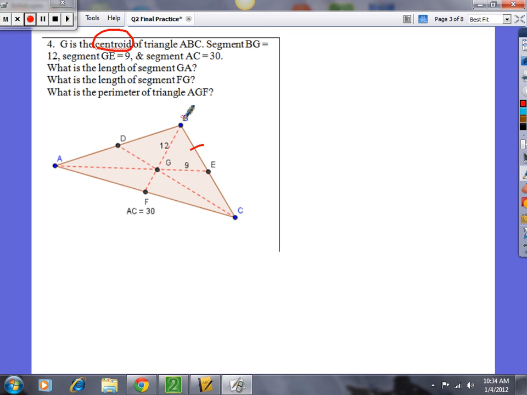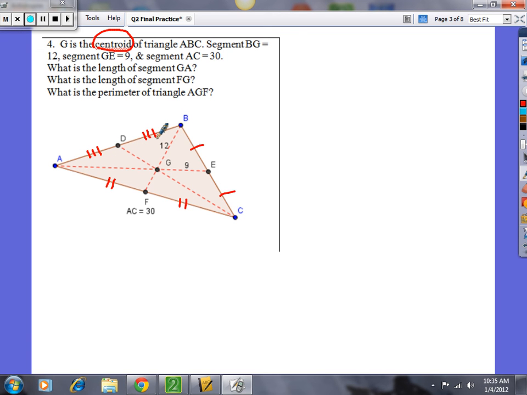So I know that BE is congruent to EC. So this vertex B, if you draw a line from the vertex to the opposite side, it's going to cut it in half. So I know that AF is congruent to FC, and the last median C hits the opposite side AB, and I know that this side is congruent to this side.